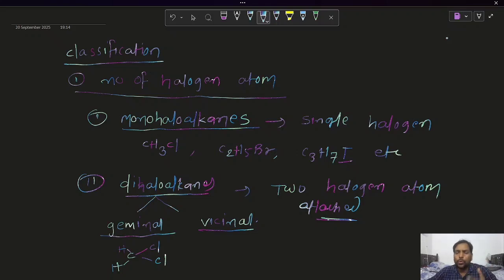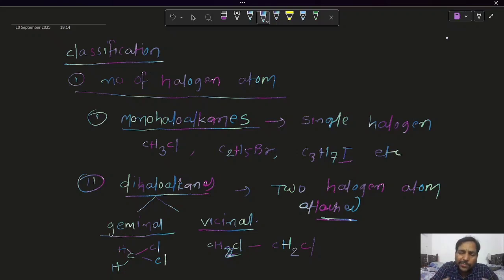Two chlorine or two halogen atoms are attached at two consecutive carbon atoms, like CH2Cl, single bond, CH2Cl. Now this is vicinal. So simple. When two halogens are attached at different carbons, we call it vicinal, and when two halogens are attached at the single carbon, this is geminal.